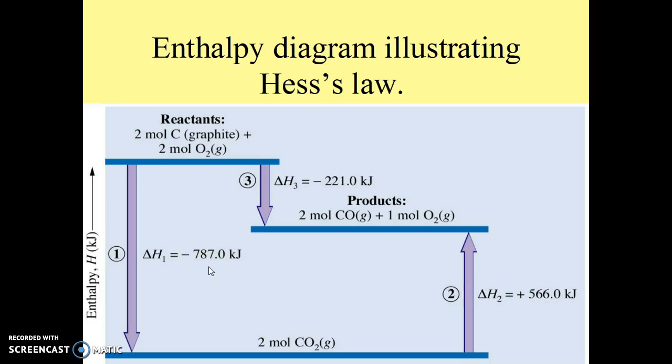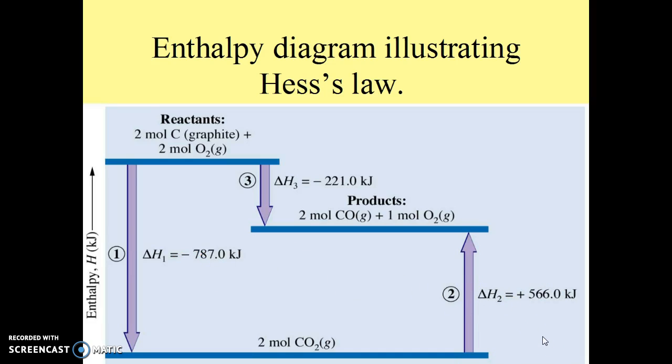Well, we know they must, or the law of conservation of energy is false. And so if you take minus 221 and you then add to it minus 566, which is going in the opposite direction, you see that it's equal to minus 787.